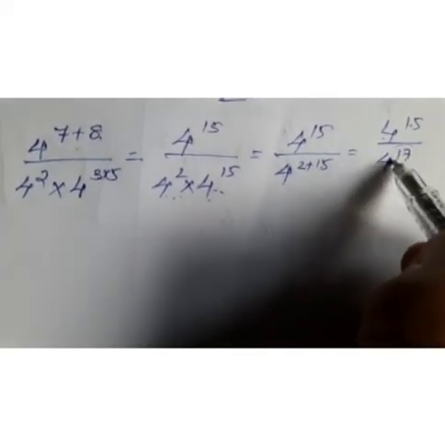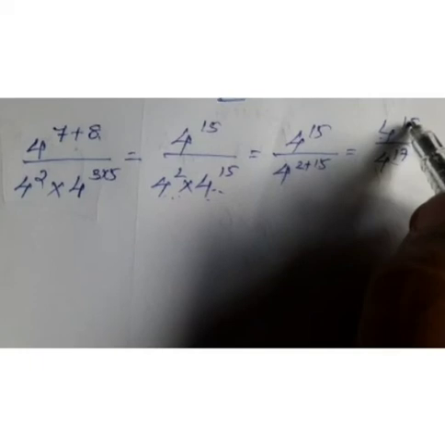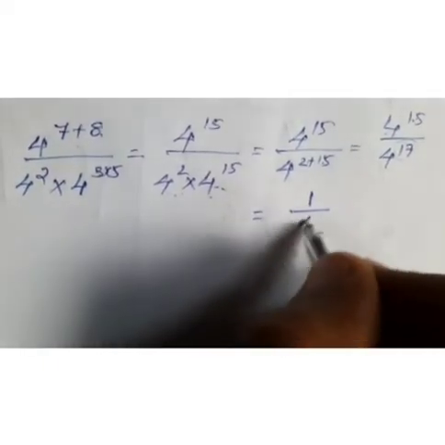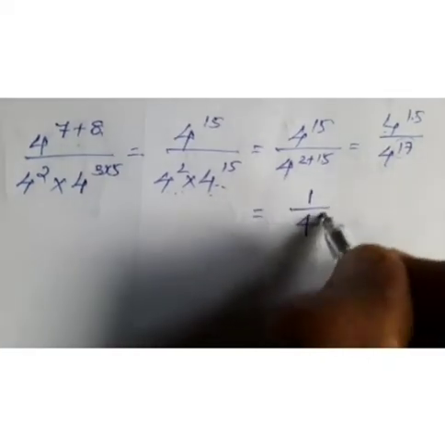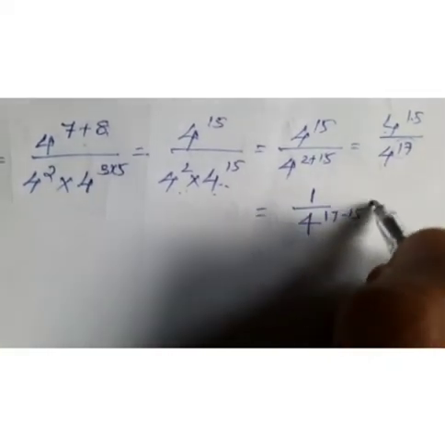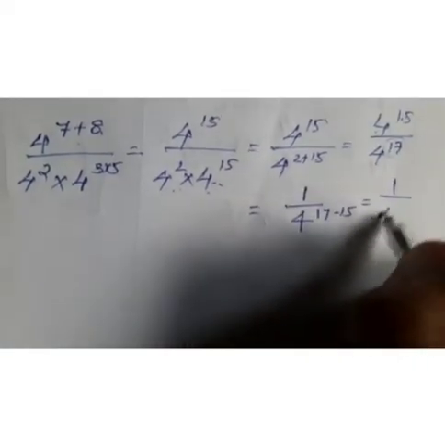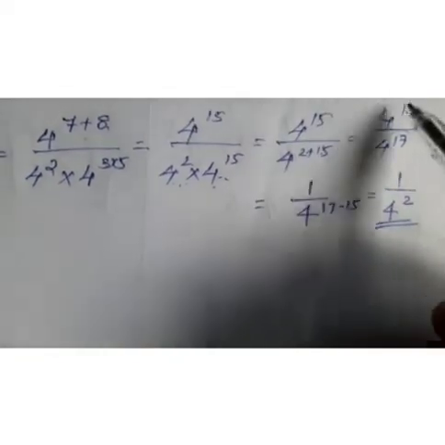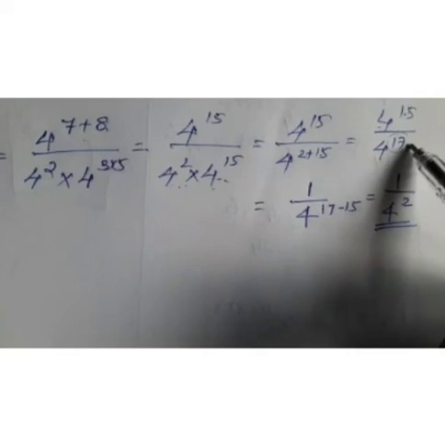Here this is the bigger number, this is the smaller number. So take the reciprocal of the answer. So that is 1 by 4 raised to 17 minus 15. The answer we are getting as 1 by 4 raised to 2. So here is the lower number, here is the bigger number.